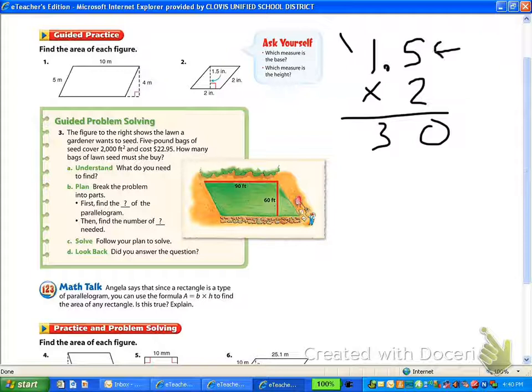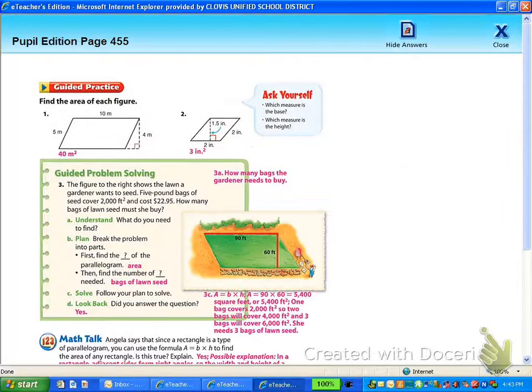And we move our decimal 1 place to the left. So our answer is going to be 3. So the area of number 2 would be 3 square inches. And there are the answers: 40 meters squared, or 40 square meters, and 3 square inches.